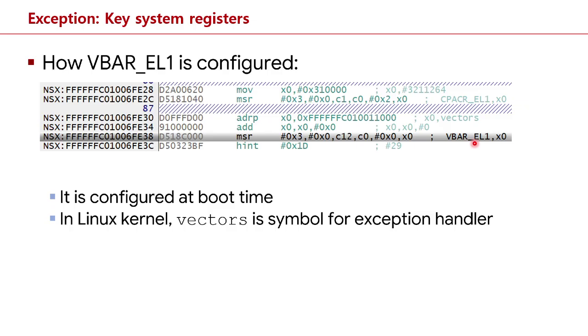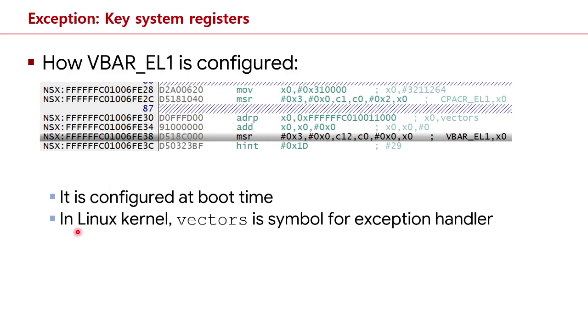Another important question is which value is in the X register. Before this assembly instruction, the X register is updated to the address of vectors. What is the vectors symbol, the vectors label, in this example?